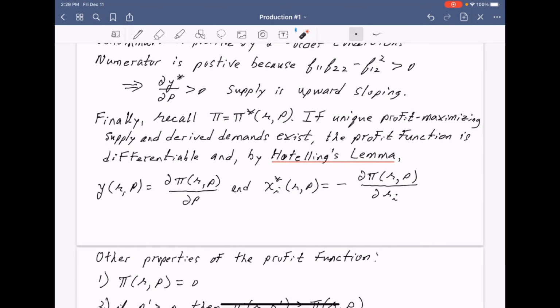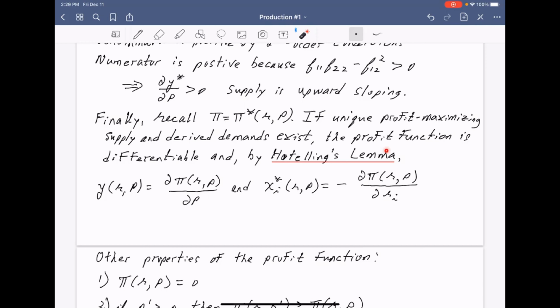Finally, recall that the profit function, the indirect profit function if you like, is a function of input prices and output price. If unique profit maximizing supply and derived demands exist, the profit function is differentiable.